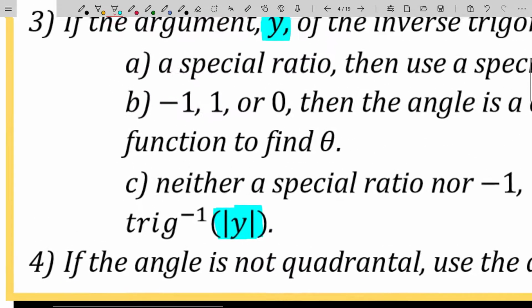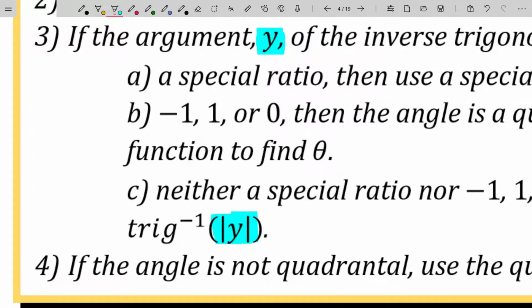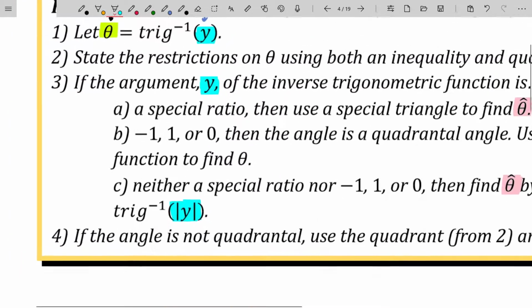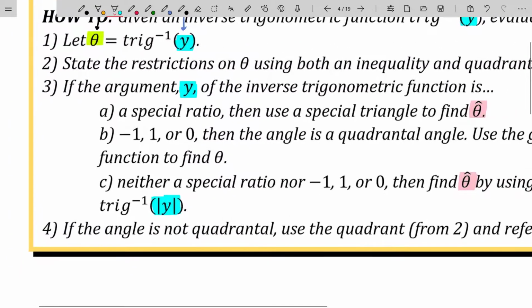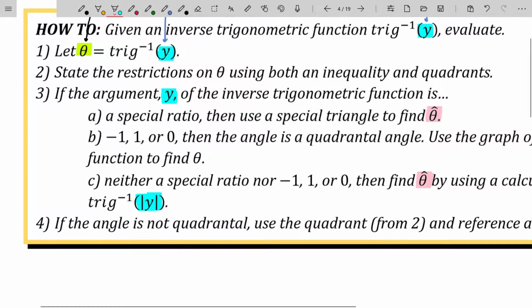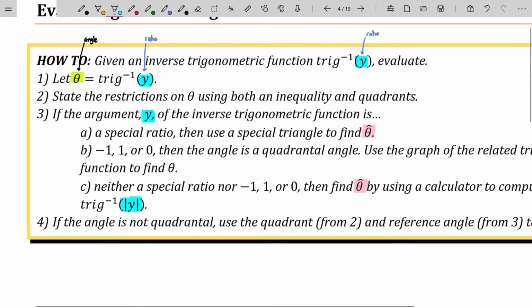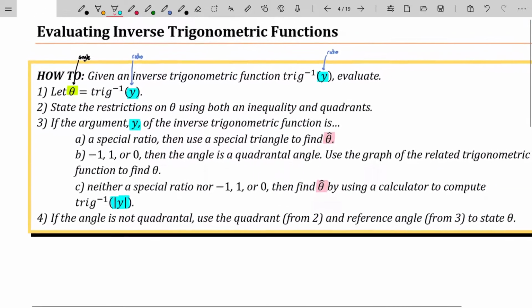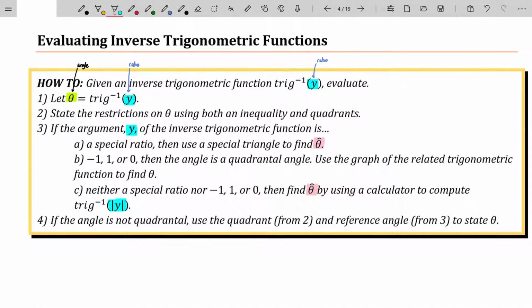And so you can see parts A and C there are both finding the reference angle. So if the angle is not a quadrantal angle, in other words, your argument for the inverse trig function is not 1, -1, or 0, then you'll use the quadrant from step 2 and the reference angle from step 3 to actually state what the real angle is.